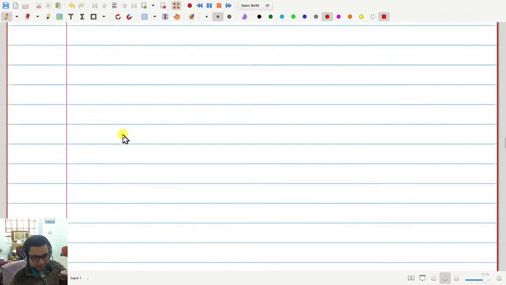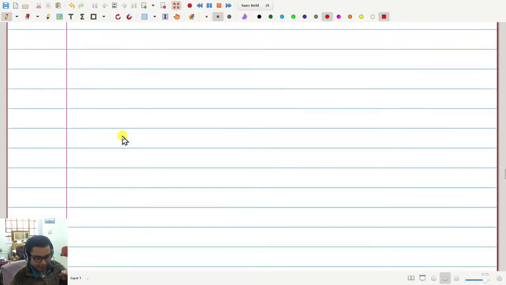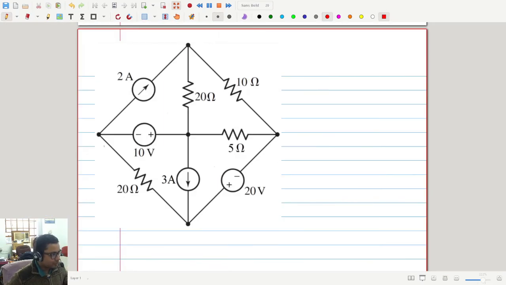Now, let me take a complicated example. So how many loops are there? Yeah, 4 loops are there. Now let me take 4 currents like this. In this loop I1, then in this loop.